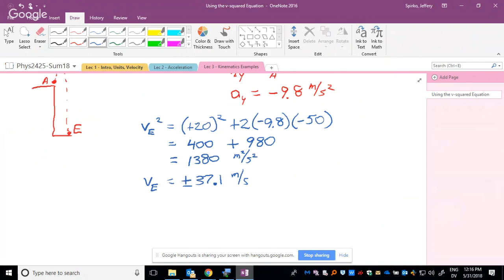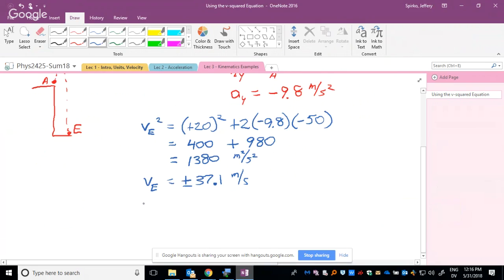The act of landing on the ground is a completely separate thing. And we don't really have the tools to figure out exactly how the process of landing is going to occur yet. So we're going to think about that after we deal with forces and energy and momentum. Then we can start to think about how an object hits the ground. But for now, we can get to the point where the object barely touches at our final point of our analysis.